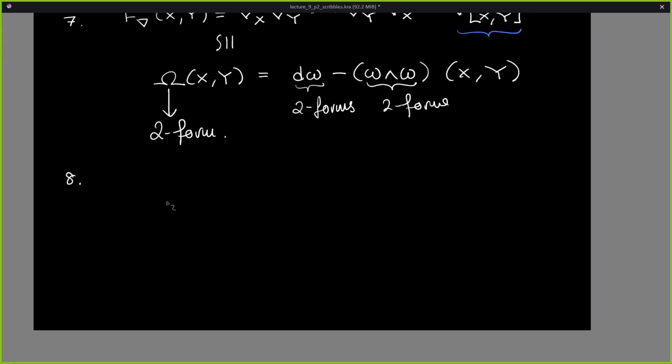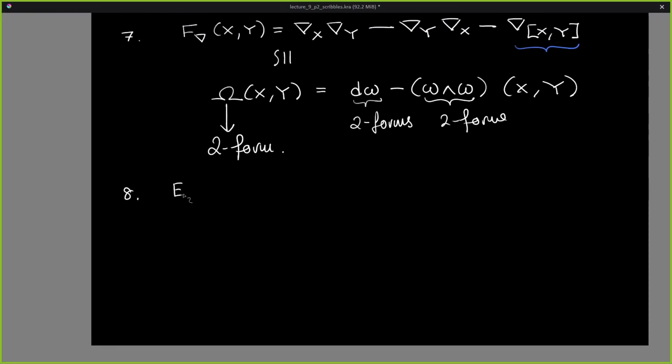The last thing that we looked at was endomorphism valued forms, which are just matrix valued forms, so forms whose coefficients are matrices.